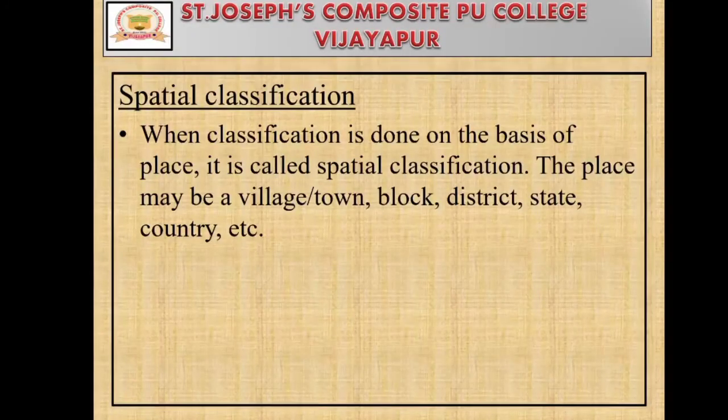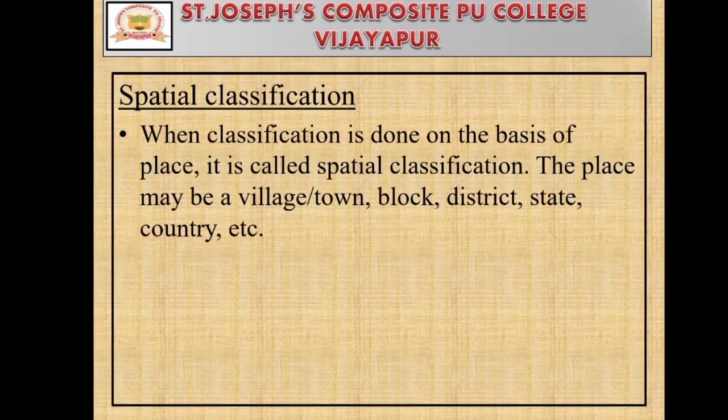And the fourth one, spatial classification of data. Spatial classification or geographical classification means the data are classified on the basis of a particular place.